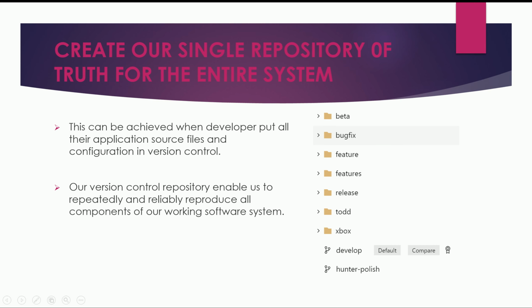Alright, next we have creating our single repository of truth for the entire system. So I also work on a project myself, which we use Azure DevOps to version control, and it's very nice. And so on the right here we see these are different branches, and right here we have a development branch.